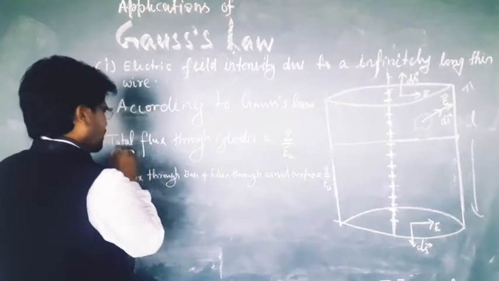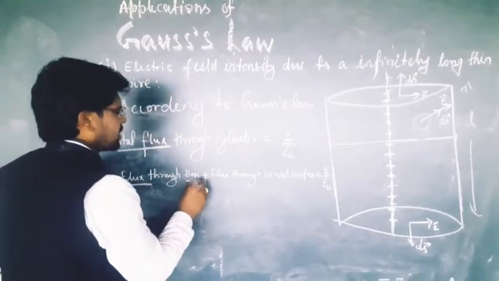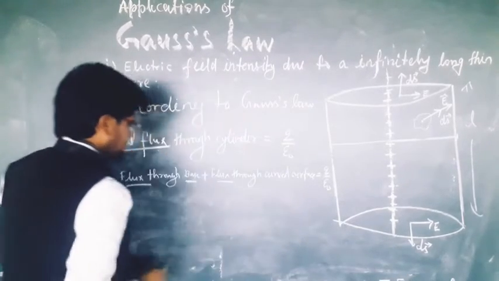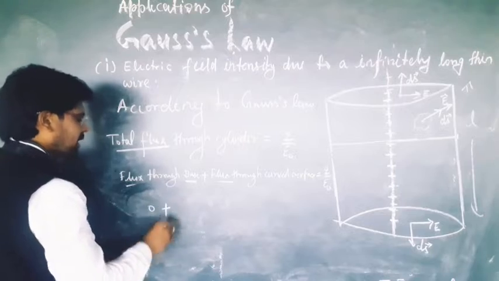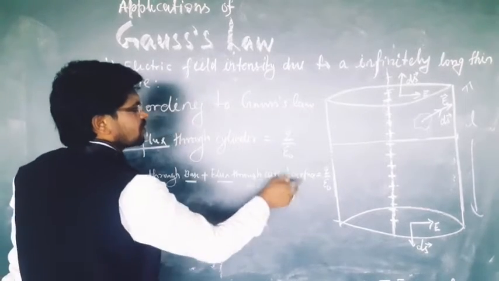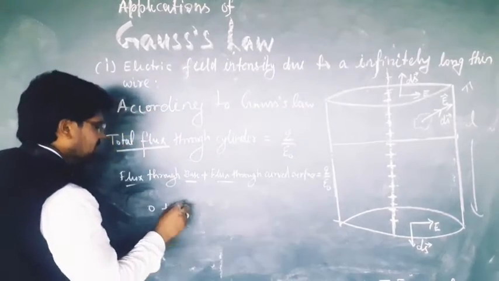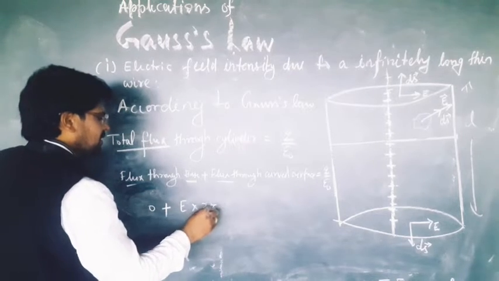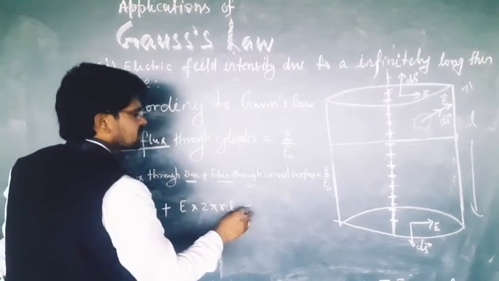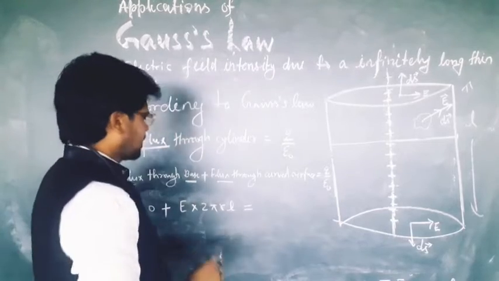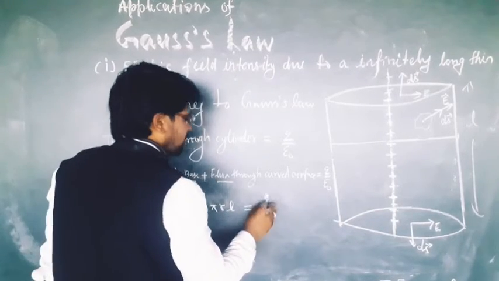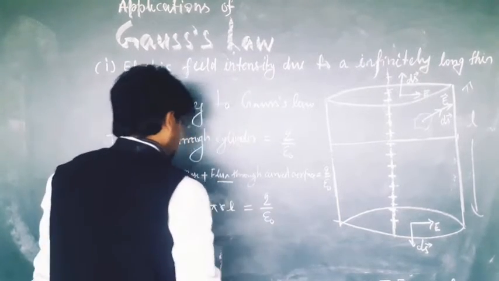Now the flux through the base is 0 and the flux through the curved surface is E into 2 pi rL, and this is equal to Q upon epsilon naught.